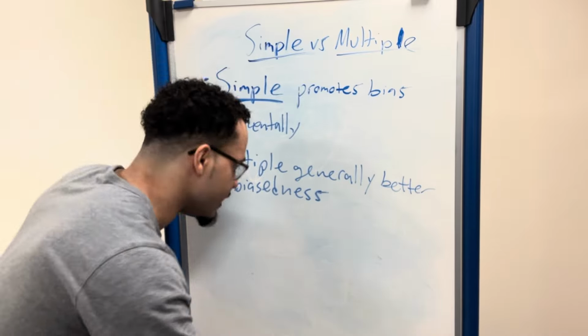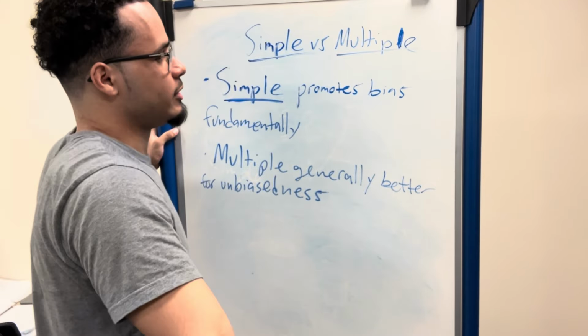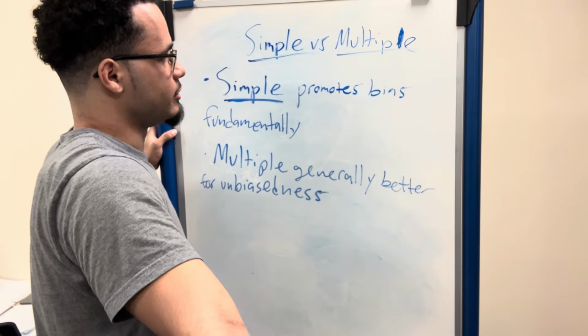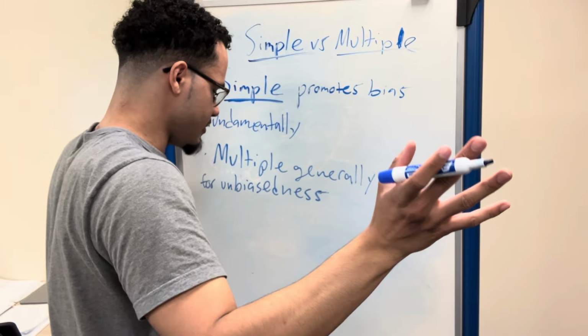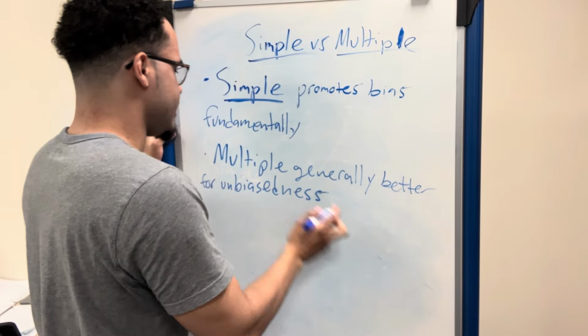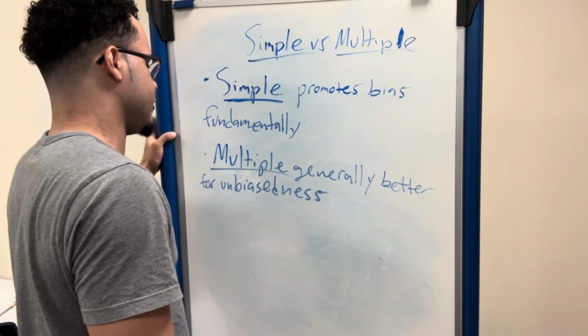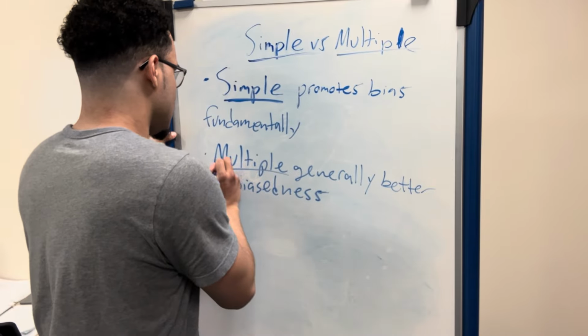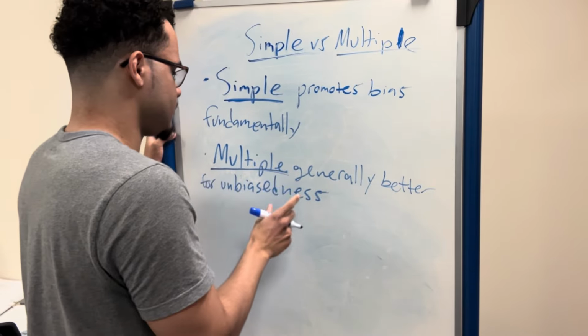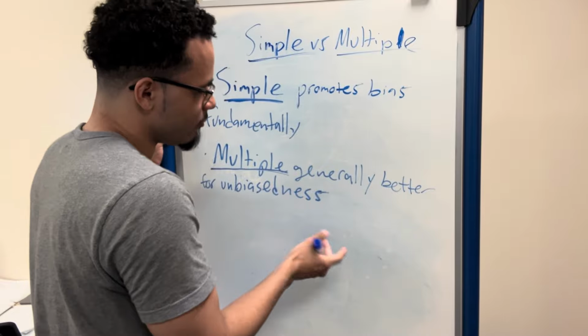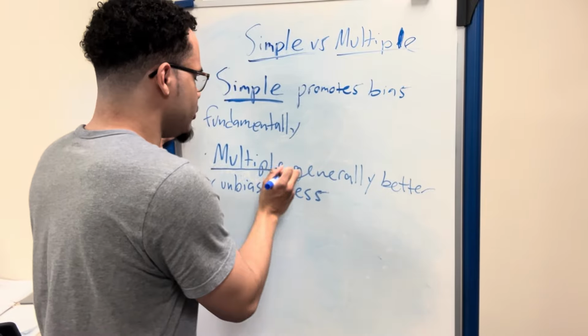But on the other hand, when we establish those confounding factors in a multiple regression model and put those in, it's generally better for unbiasedness, but we don't want to put too many in.